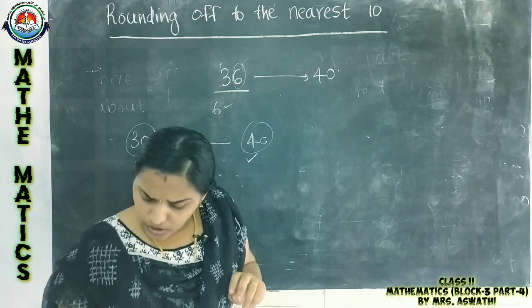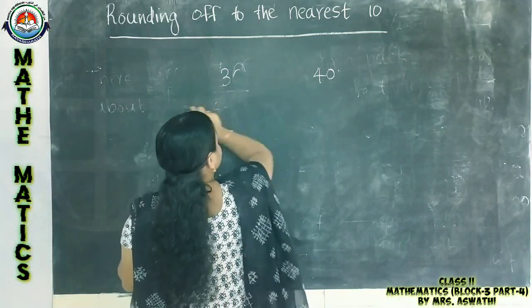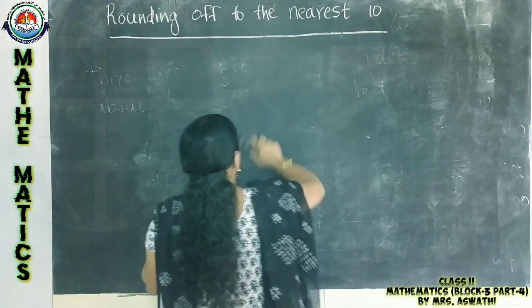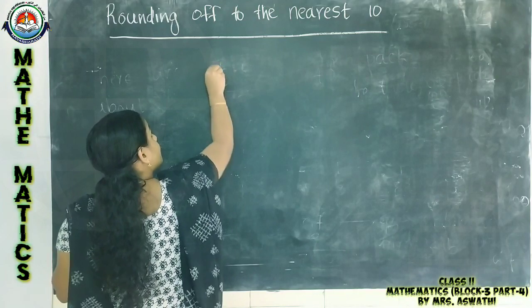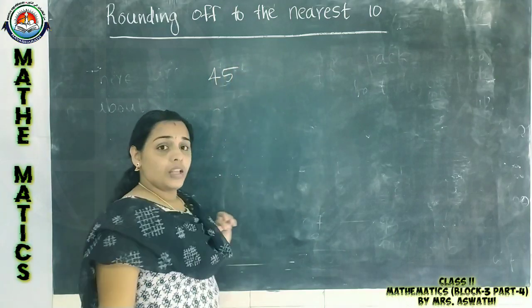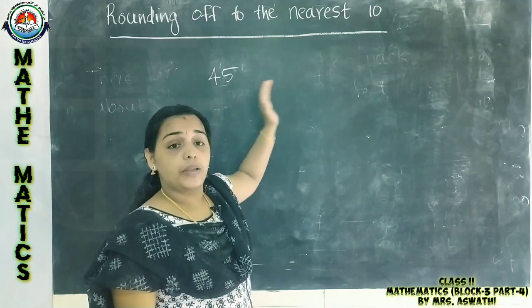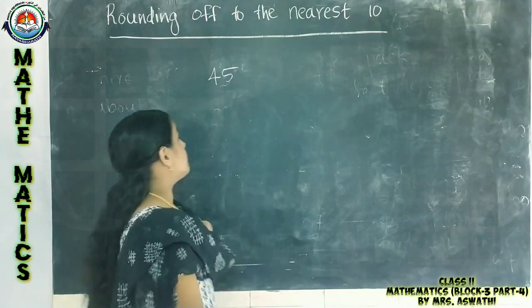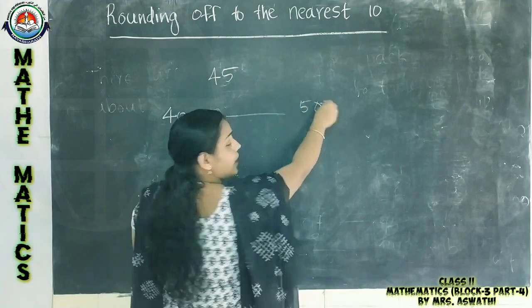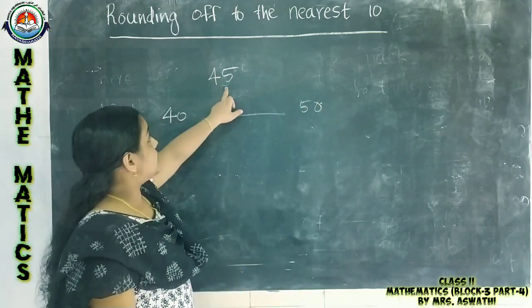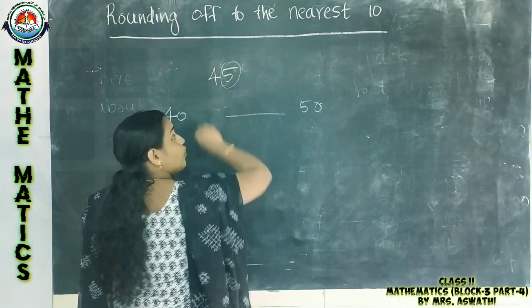Okay. So I give another number, 45. We know which tens this number lies between. Yes, 40 and 50. This number ends with 5.